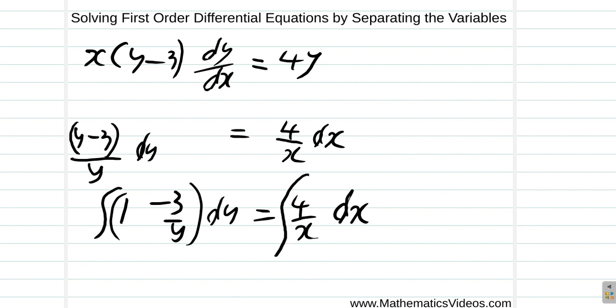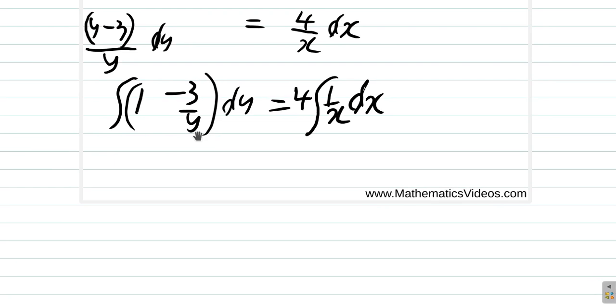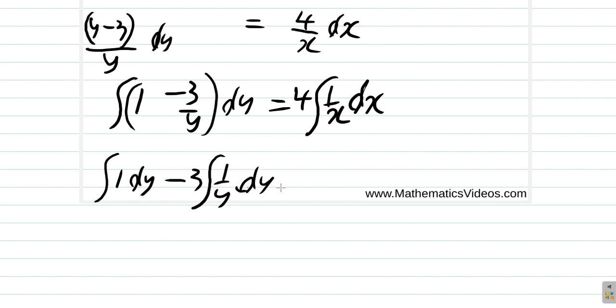But this can be written as 4 integral of 1 over x dx, so write it that way. Now, you could expand the bracket. We could just do what is in the bracket, do the integration, but you could say also integral of 1 dy minus 3 integral of 1 over y dy equal 4 integral of 1 over x dx.